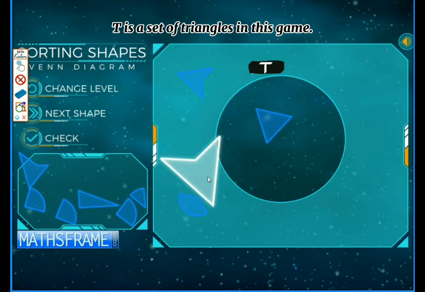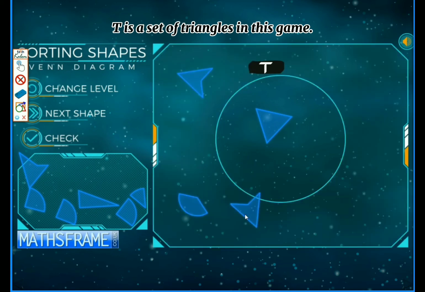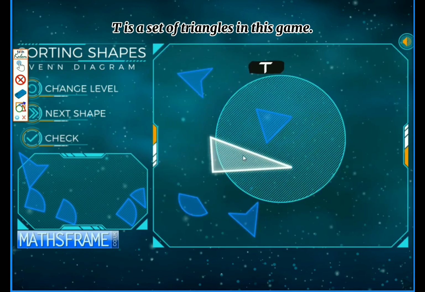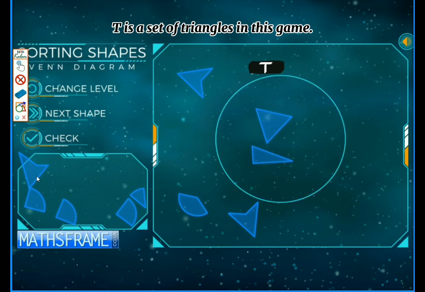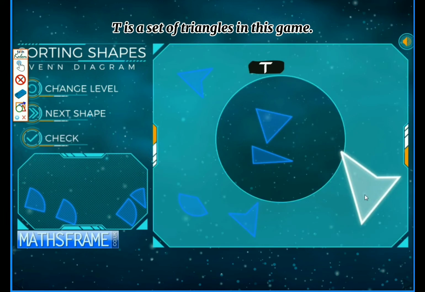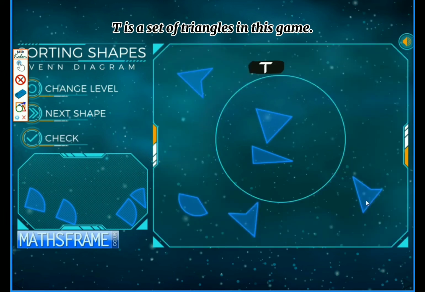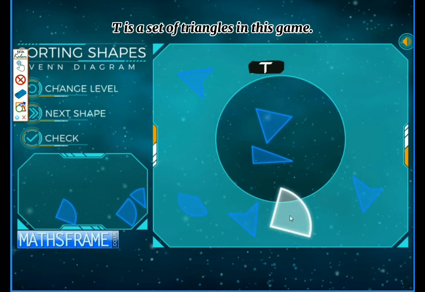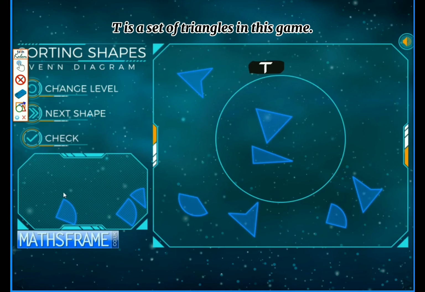This shape is not a triangle, therefore I should put this outside. This shape is a triangle and I should put this in the Venn diagram. This shape is not a triangle and I should put this outside of the Venn diagram. This shape is also not a triangle and I should put this outside of the Venn diagram.